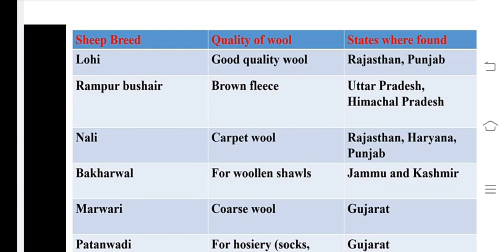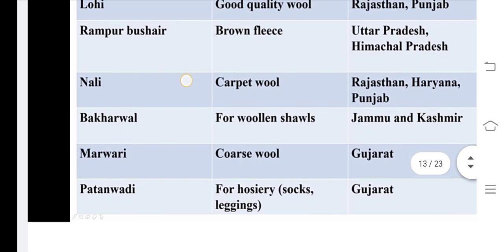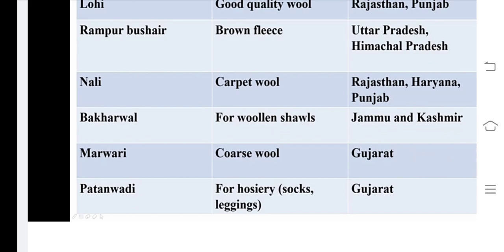Nali, carpet wool. We are using carpet now, children. Rajasthan carpet. Okay, Nali carpet wool. Rajasthan, Haryana, Punjab. Clear? What about the next one, children? So Bakrawal. For woolen shawls, Bakarwal. Jammu and Kashmir.